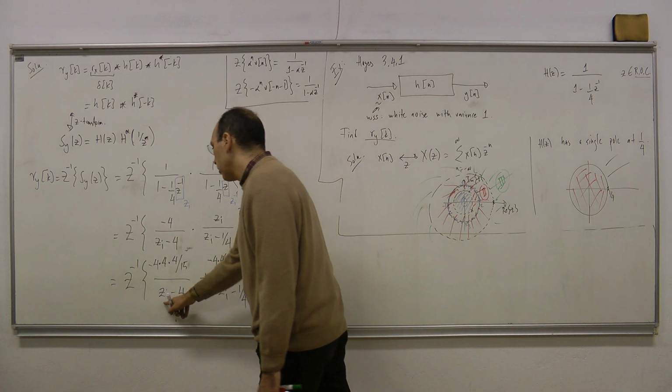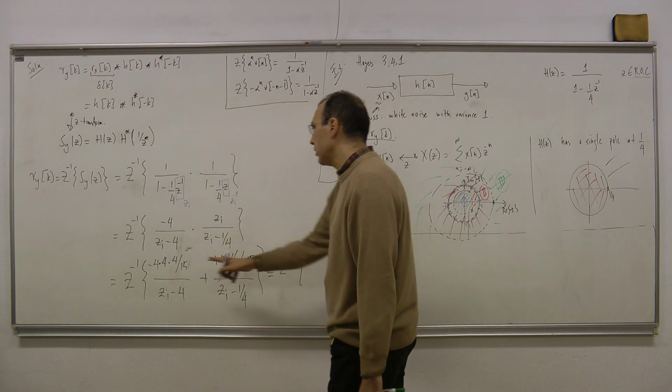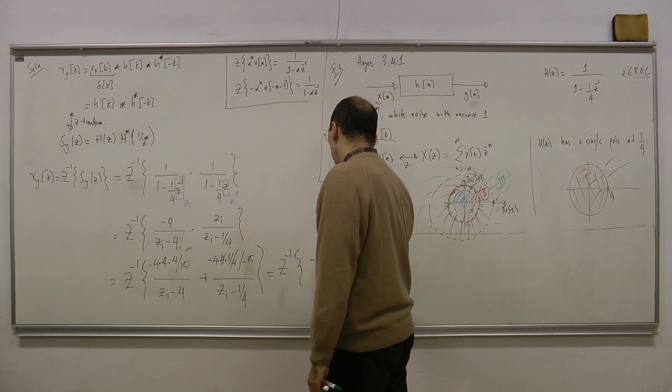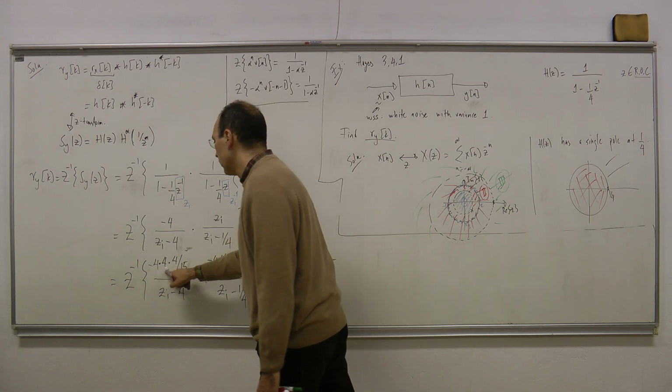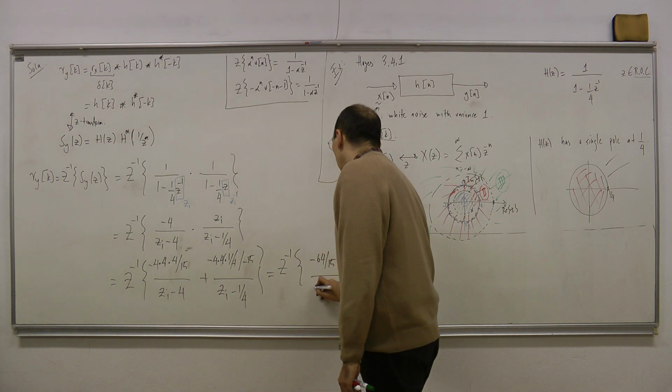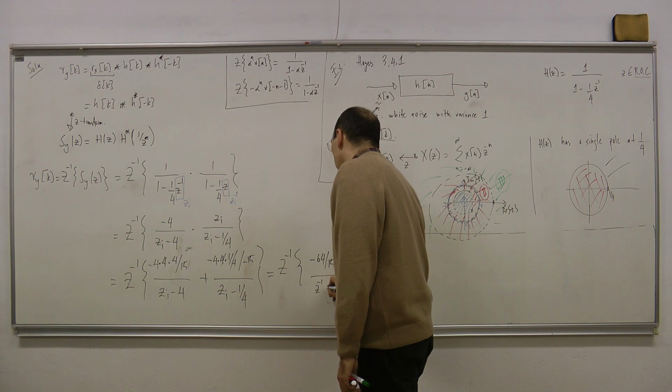So let me go back to the usual business. This is 16 minus 64 over 15, divided by z inverse minus 4.